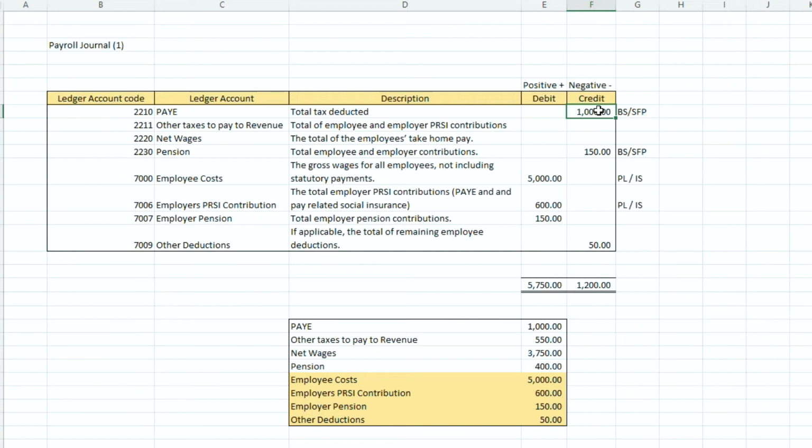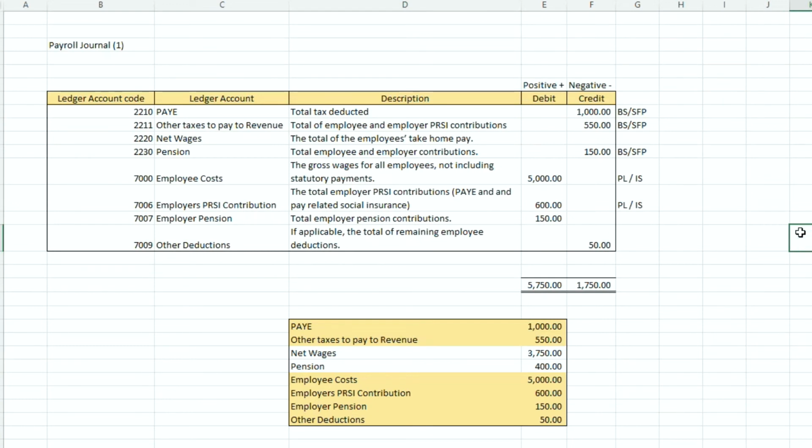That's going to be the employees and employers as well. So let's just box that off. Now, in this case, there are other taxes that need to be paid to HMRC, and that's going to be a credit again. And this is that £500 down there. And again, it's a credit because it's amounts owed to HMRC.